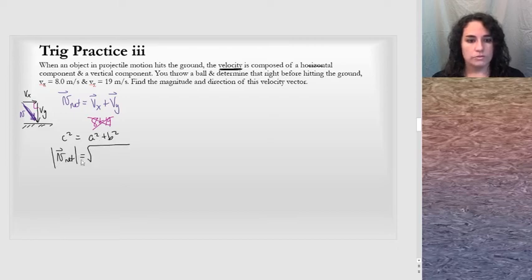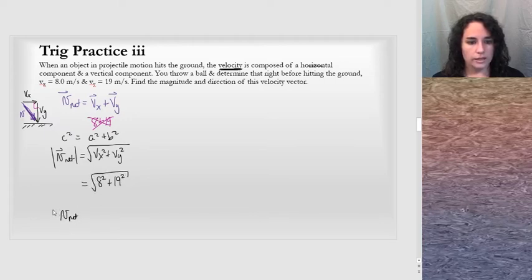So V net has to be the square root of Vx squared plus Vy squared. With a little bit of algebra I can do that. Vx is 8, so I take 8 squared, add on Vy, which is 19 squared, and we're going to square root both of those.